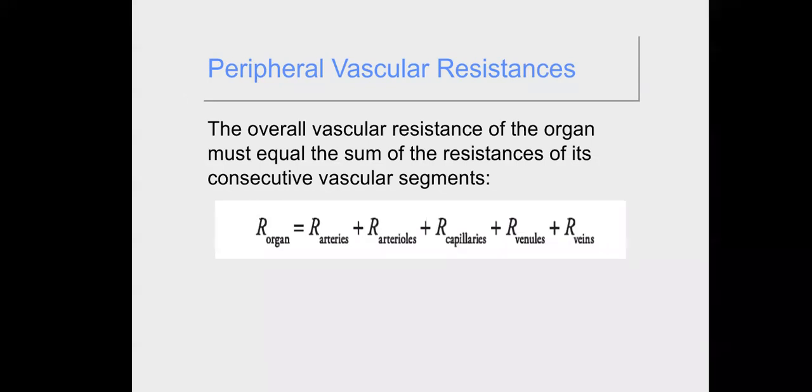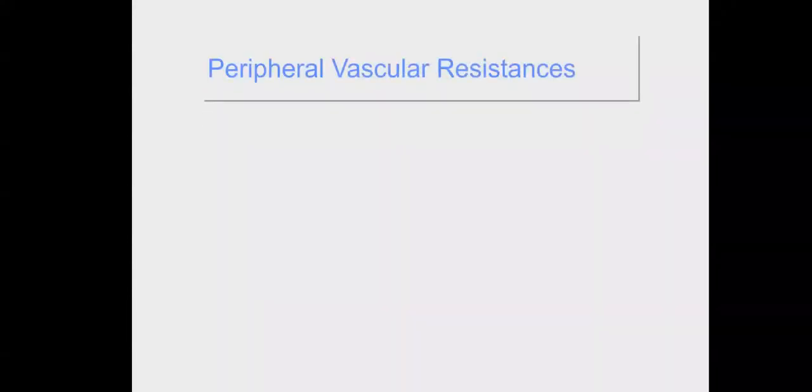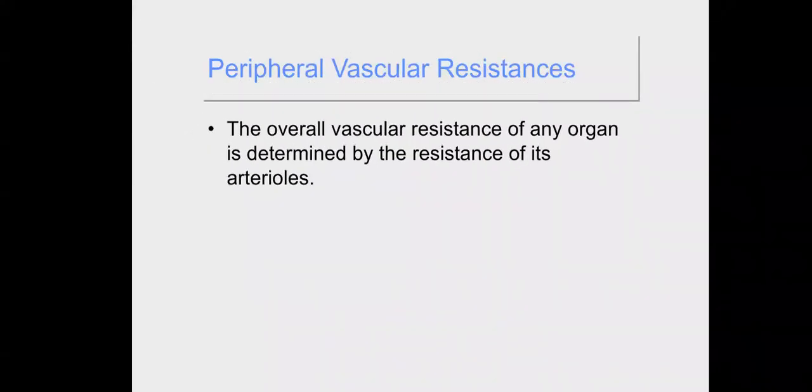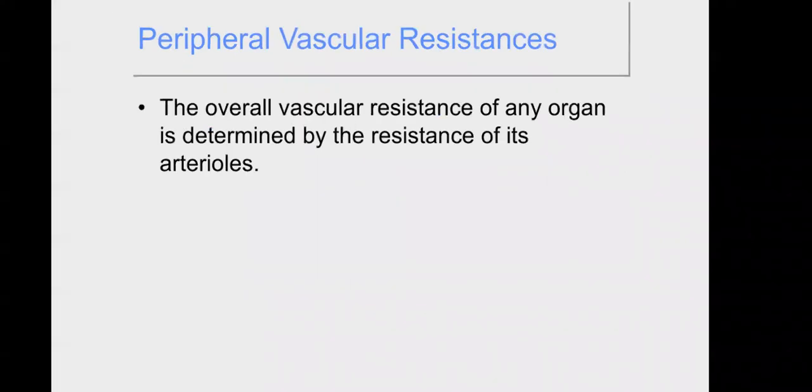The overall vascular resistance is determined mainly by the arterioles because they are the segment that changes its diameter the most. The blood flow is primarily regulated by adjustment of their diameter, and this occurs by contraction and relaxation of the smooth muscle.